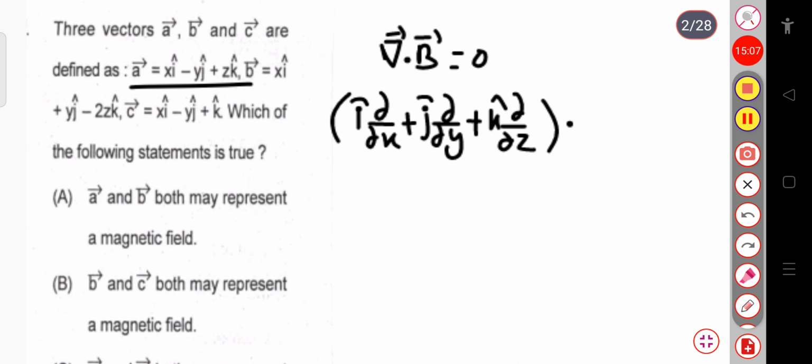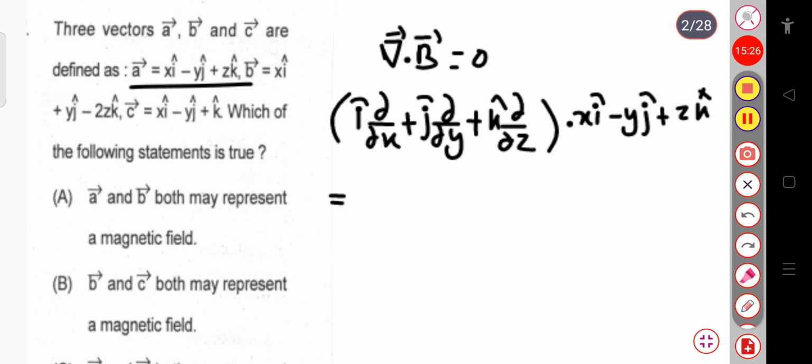So if I put the A vector value directly, that is x i cap minus y j cap plus z k cap. Now that is equal to, you know, i dot i, j dot j and k dot k, these values are all 1, and i dot j, j dot k, these values go to 0.